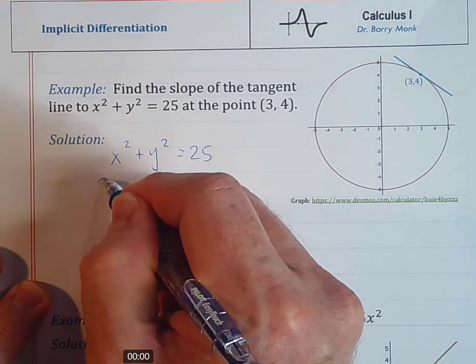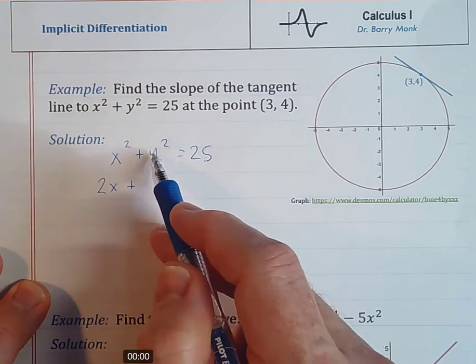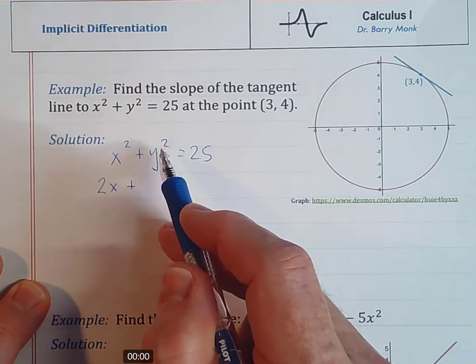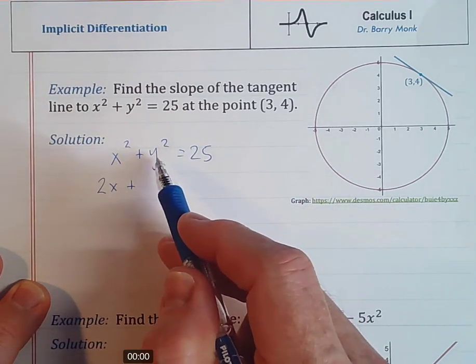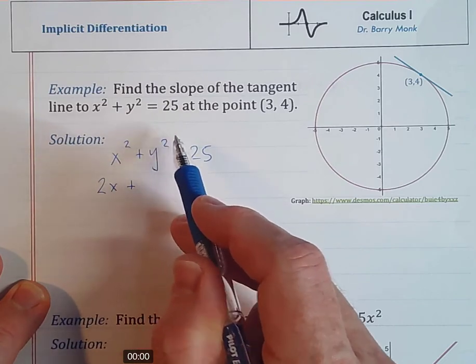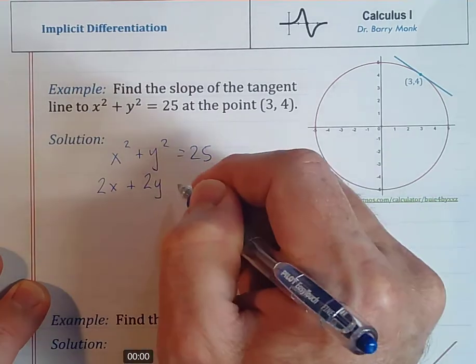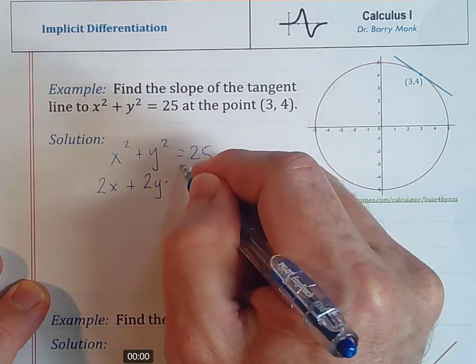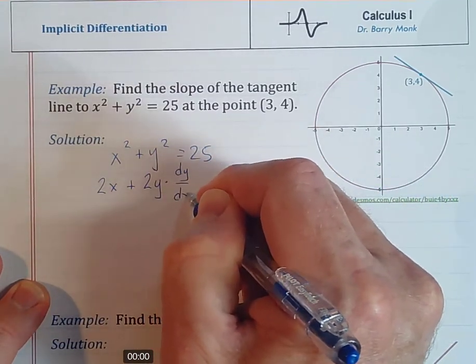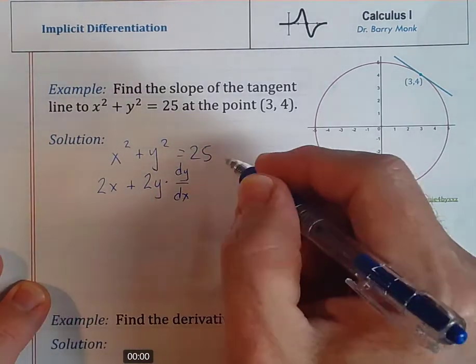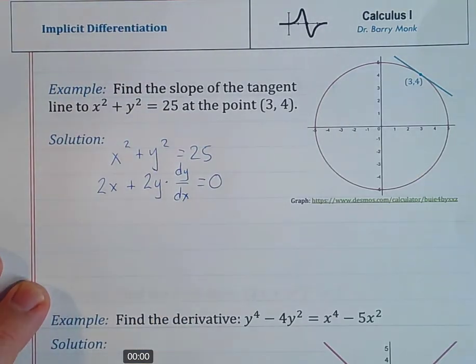So this would be 2x. Here we've got a function. I'm thinking of y as being a function of x within a function, the square function. So the outside derivative is 2y, and the inside derivative is that one that I don't know. It's the dy dx.